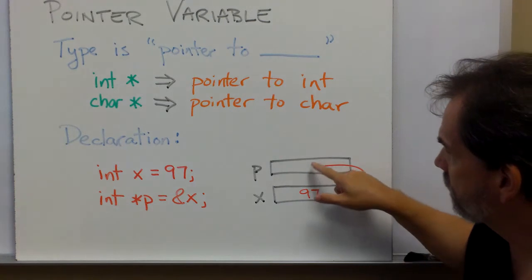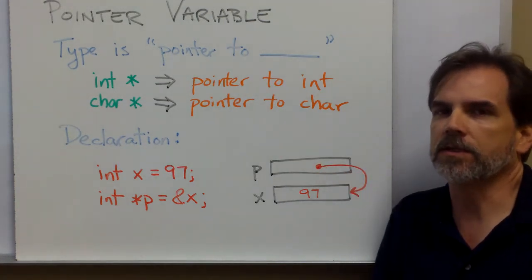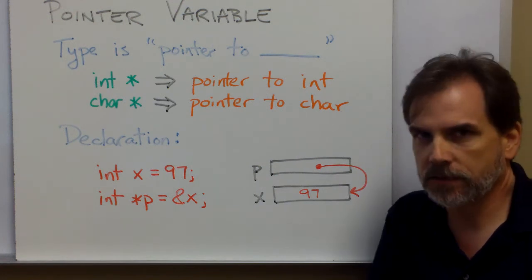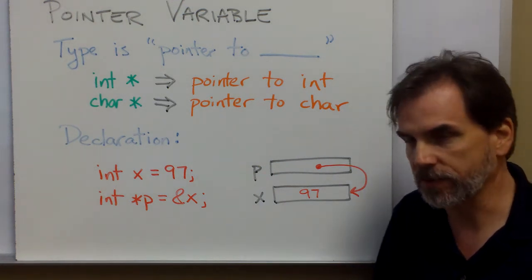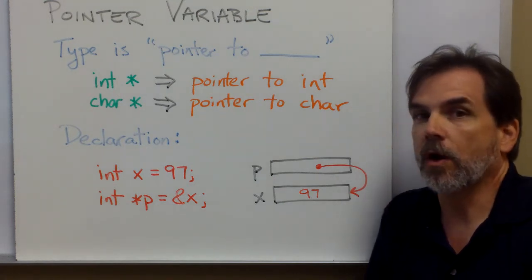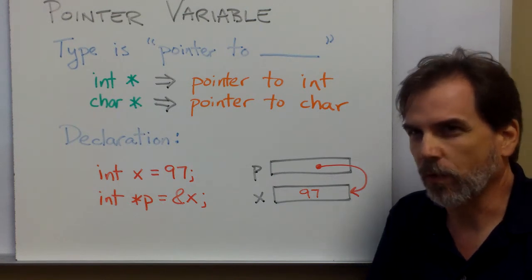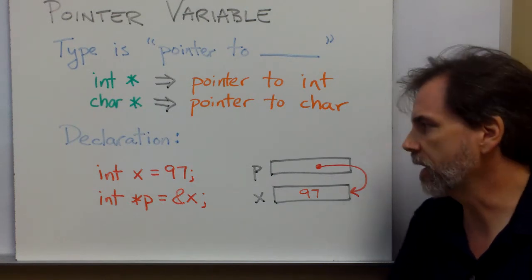We don't usually write the actual memory address in there because, number one, we don't know what it is when we're just doing these examples. It's somewhere on the stack or somewhere in memory. And number two, we don't really care what the actual address is. We just want to represent what it is that p is pointing to.